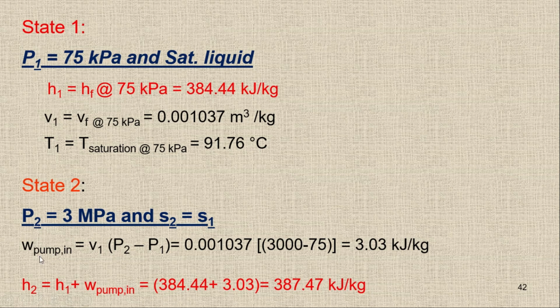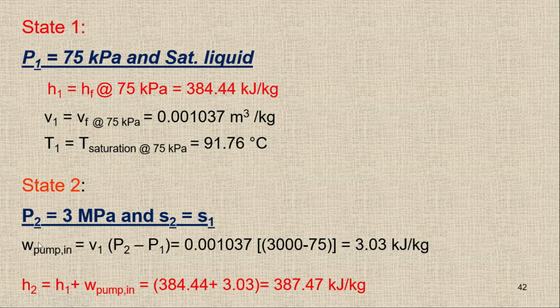So basically, for the pump, we can use this formula, which is the work pump in equal to v1, the specific volume at point number 1, times the difference in pressure, so v1 times (P2 minus P1). When we put the values here, we will get 3.03 kilojoule per kilogram. So this is the work input to the pump.